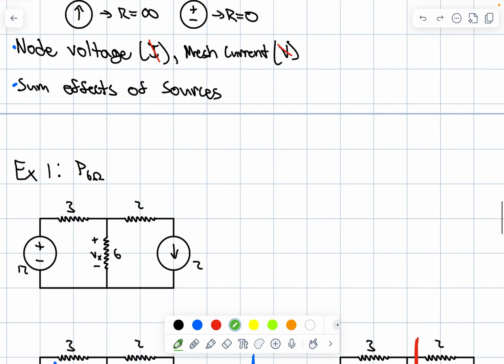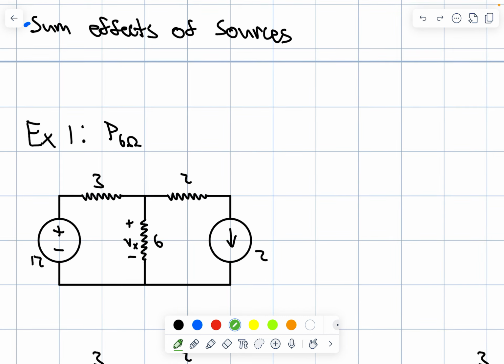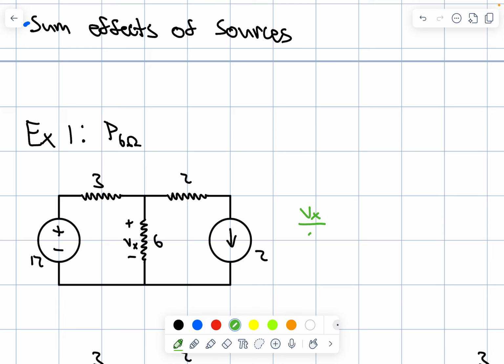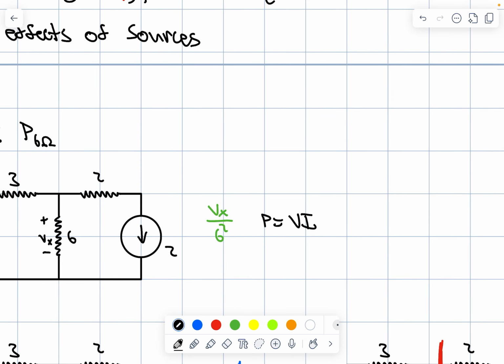So in this example, you're asked to find the power associated with the 6 ohm resistor. Essentially, you have Vx here that they've given you. You have to find Vx squared over 6, because power equals VI. For voltage sources and current sources, you typically use this equation, maybe with a negative.